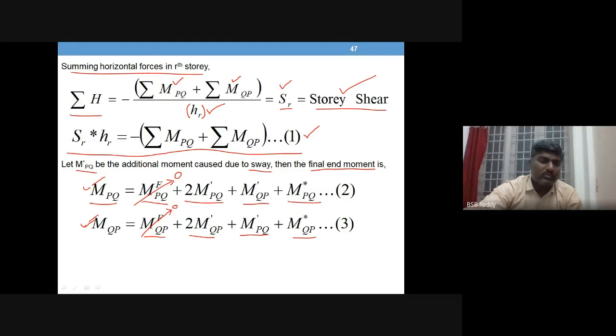And add these two, MPQ plus MQP, meaning the sum of top end moment and bottom end moment of the column. So what happens? You have M dash PQ here also. So this is 2 times and this is plus 1, totally 3 times M dash PQ. Similarly here, 3 times M dash QP and M star PQ plus M star QP.